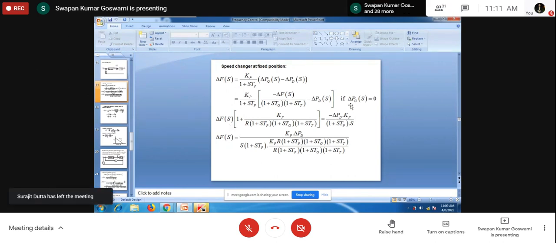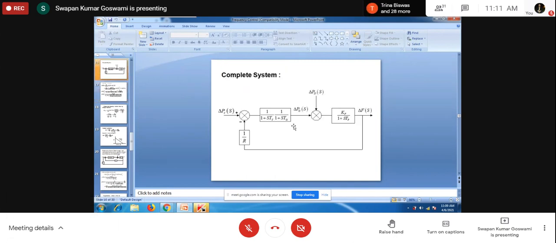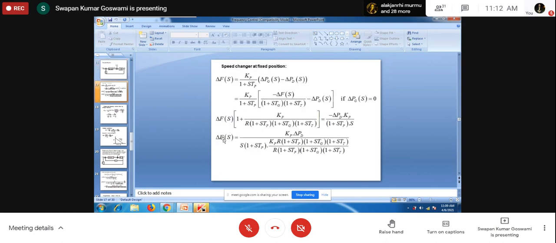Since del PCS has been made zero, because there is no change in the position of the speed changer, any change in generation will be due to change in frequency only. And if you find the expression finally, it will be like this. You do the manipulation, and verify whether there are some typing errors here. Those errors you find out, and you can rectify them also. So del FS expression will be like this.